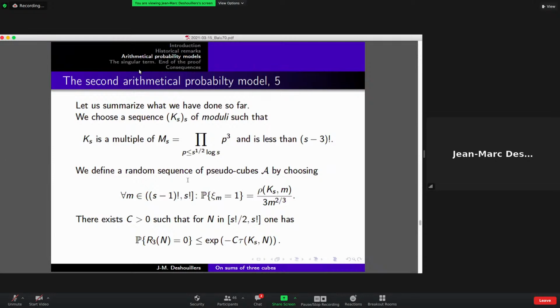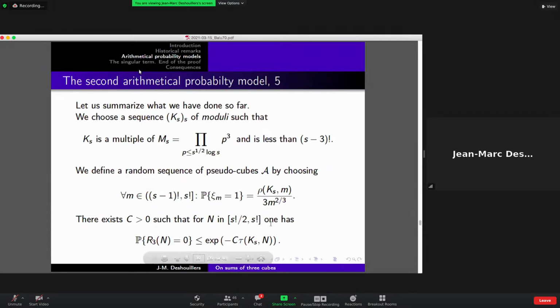So we define a sequence of pseudo cubes, which is defined by blocks. And what we have, after this tedious computation, is that the probability of Rn equal to 0 is less than exponential of minus c, for some constant which is more or less the same thing as the gamma factor, times tau Ksm.